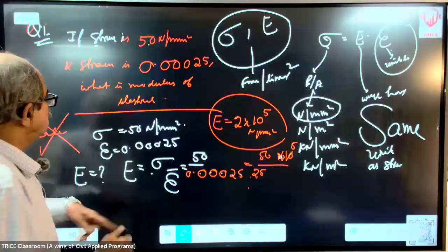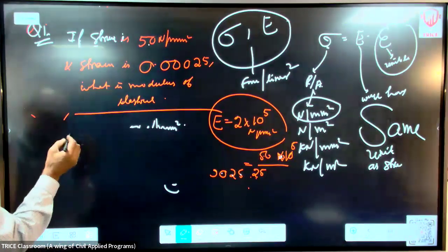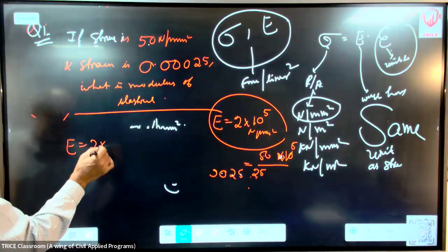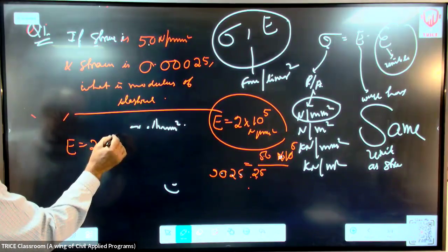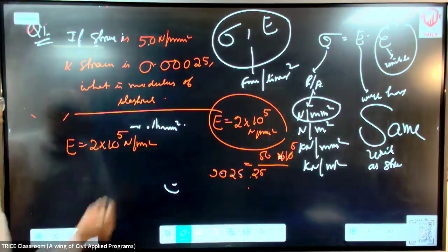Therefore, for this question, your answer is Young's modulus E equal to 2 into 10 to the power 5 Newton per mm square.